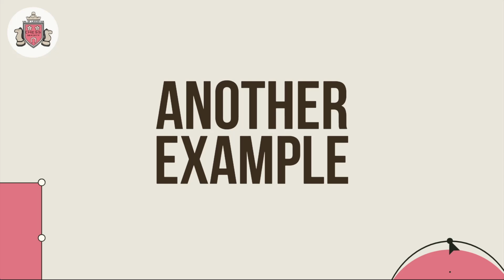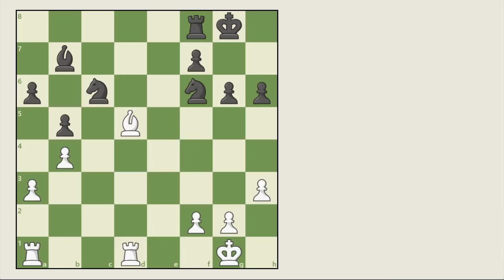So, I've got another example for you guys. What is going on in this position? Think about the material for white and the material for black as well.